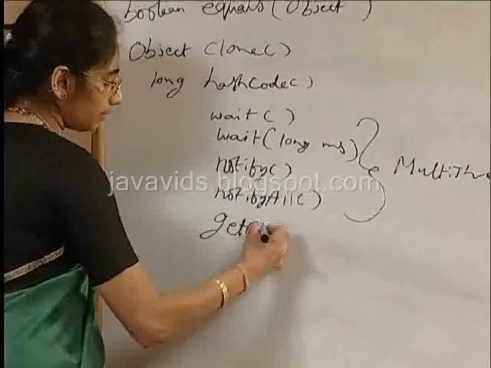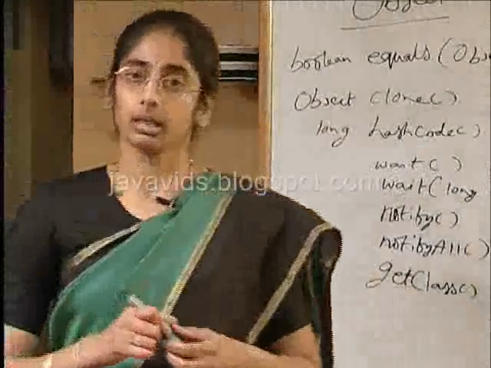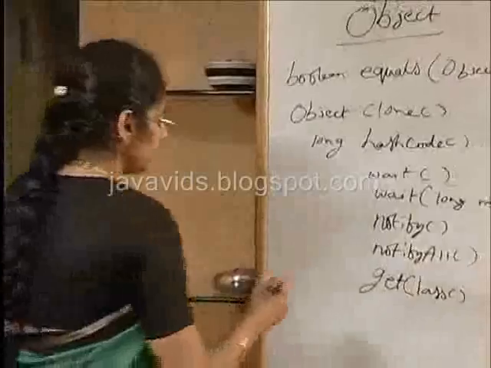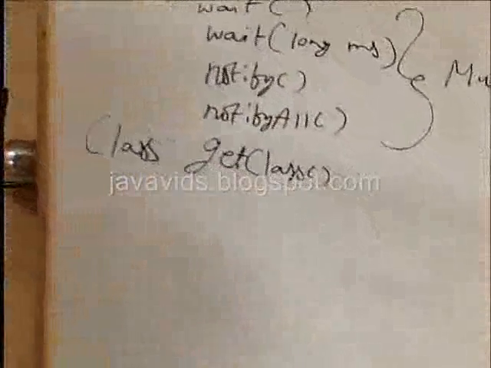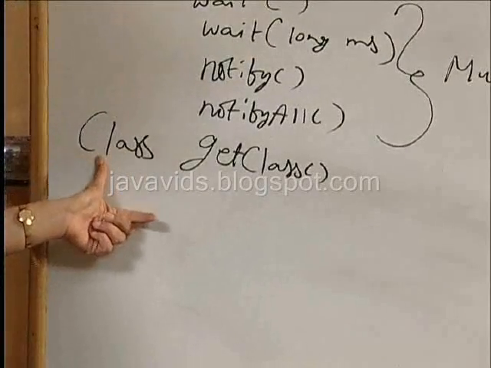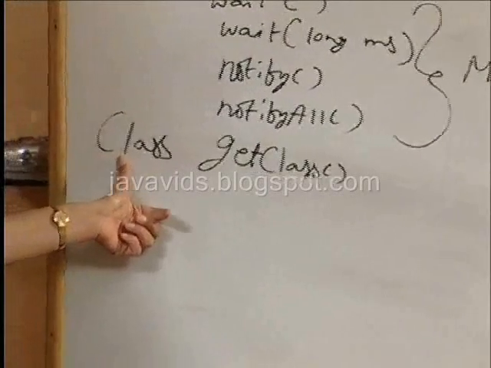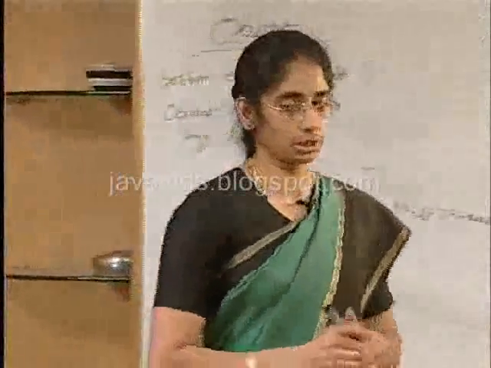We also have the getClass method. The getClass method returns a Class object. Now Class here, uppercase C Class, is a class also. This also belongs to the lang package.